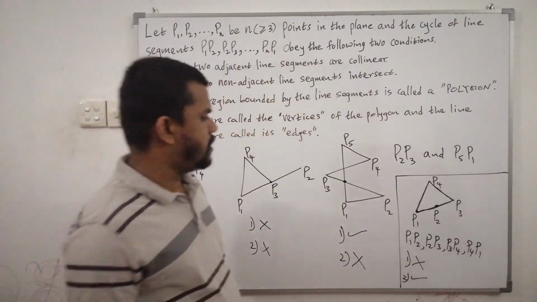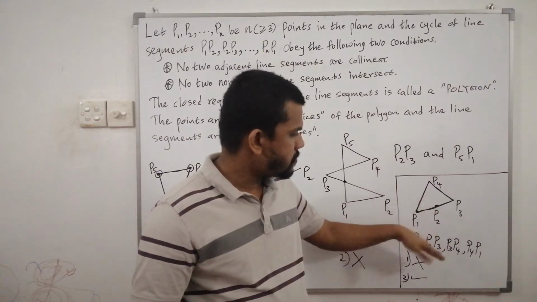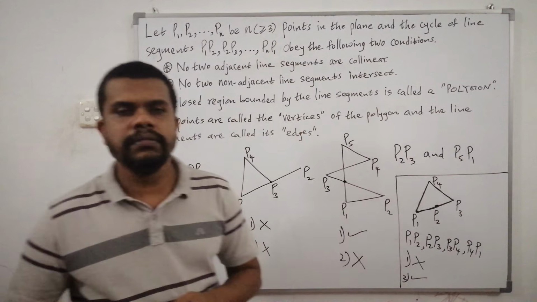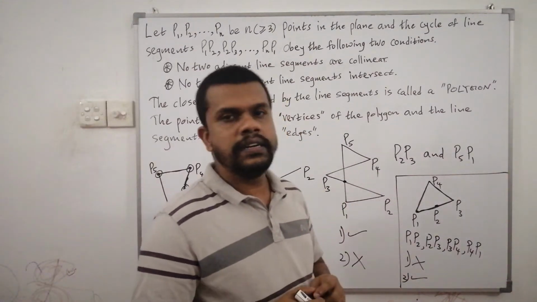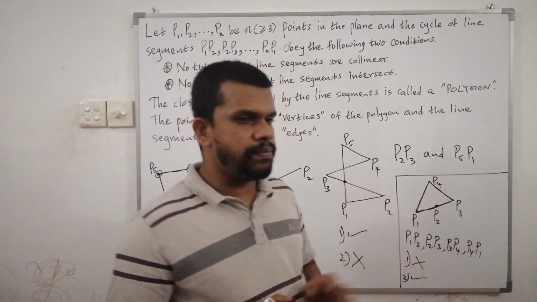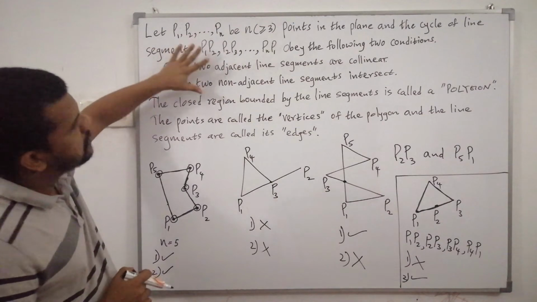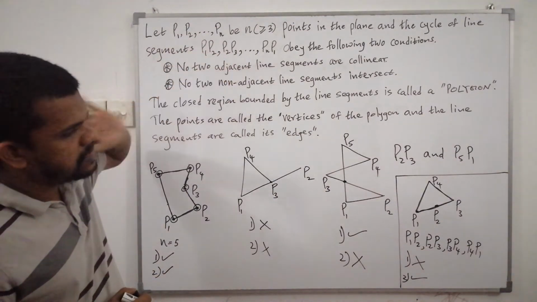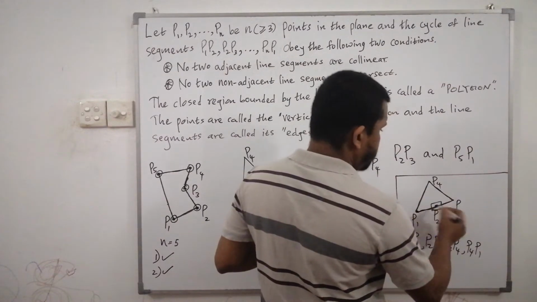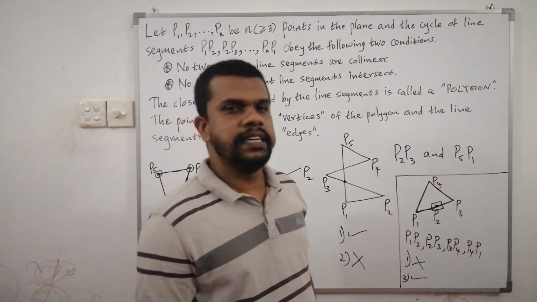Anyway, now if you look at the definition, these line segments cannot bound a polygon. Okay, anyway, this region is a polygon, but in the definition, we use it like this just because we do not want this kind of intermediate points to be considered as vertices.